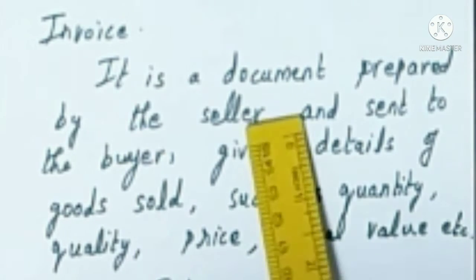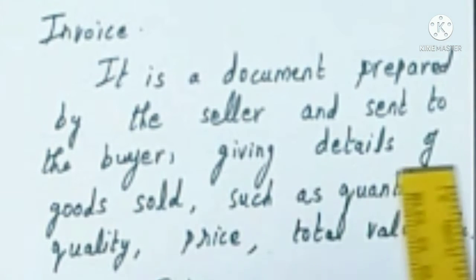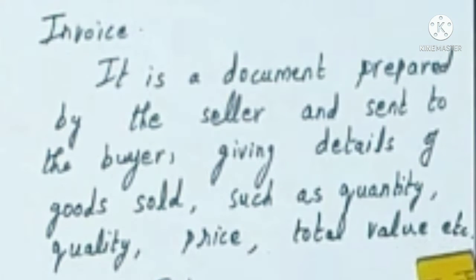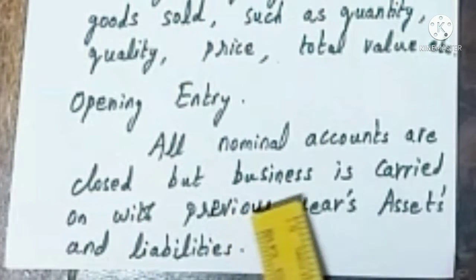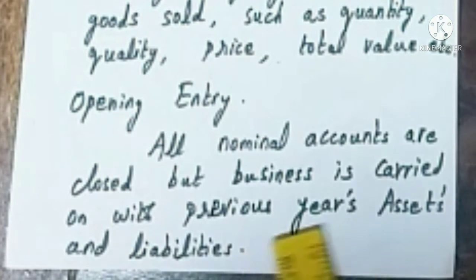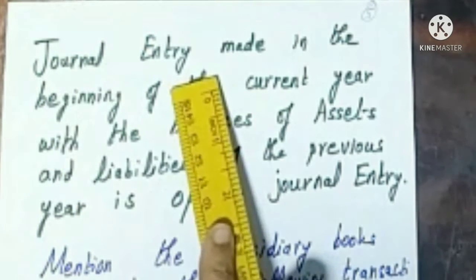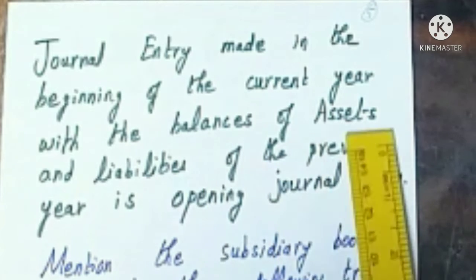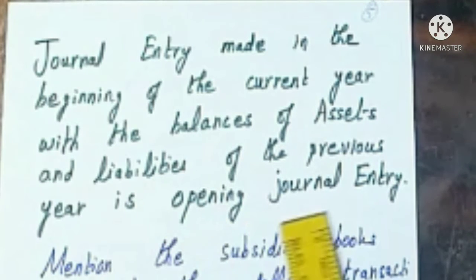It is a document prepared by the seller and sent to the buyer giving details of goods sold such as quantity, quality, price, total value, etc. All nominal accounts are closed, but business is carried on with the previous year's assets and liabilities. Journal entry made in the beginning of the current year with the balances of assets and liabilities of the previous year is called opening journal entry.